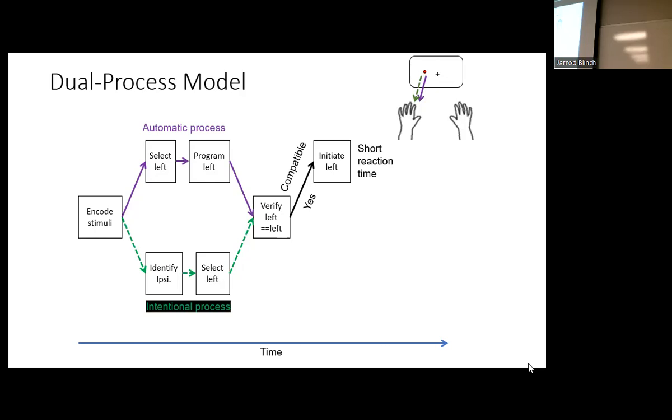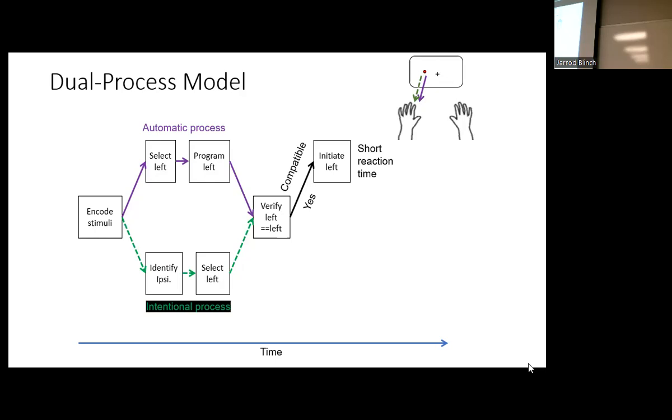Then it's going to say, okay, well, intentional process, do you also want to make a left response? So let's look at our intentional process. At the same time as the automatic process is going, the intentional process says, hey, I need to think more deeply about the instructions. I'm going to spend some time identifying what is actually being shown here and what the instructions are.